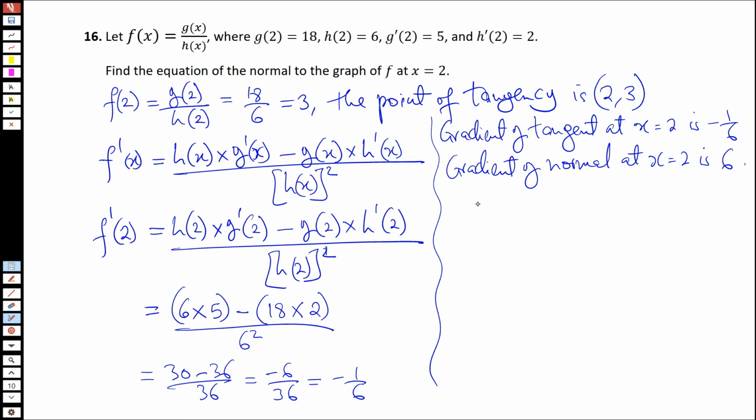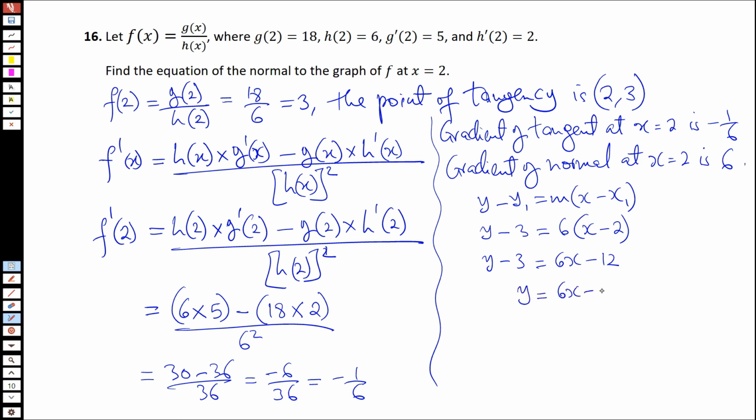And then if you apply the point-slope formula, because what we want is the equation of the normal, y minus y1, which is 3, will be equal to m, which is 6, into x minus 2. So y minus 3 will be equal to 6x minus 12, and therefore y will be equal to 6x minus 12 plus 3. y will be equal to 6x minus 9. And that will be the required solution.